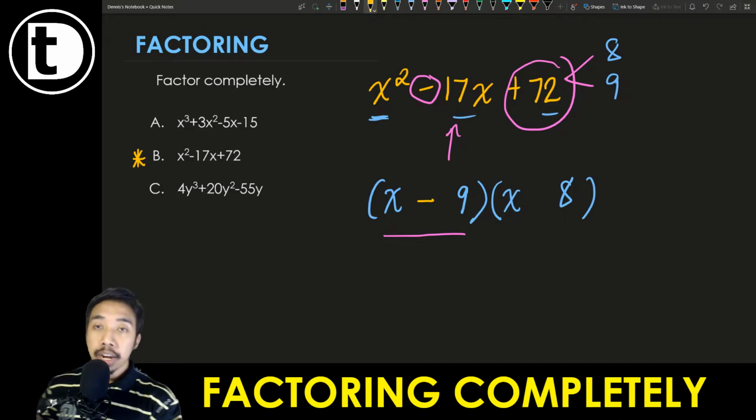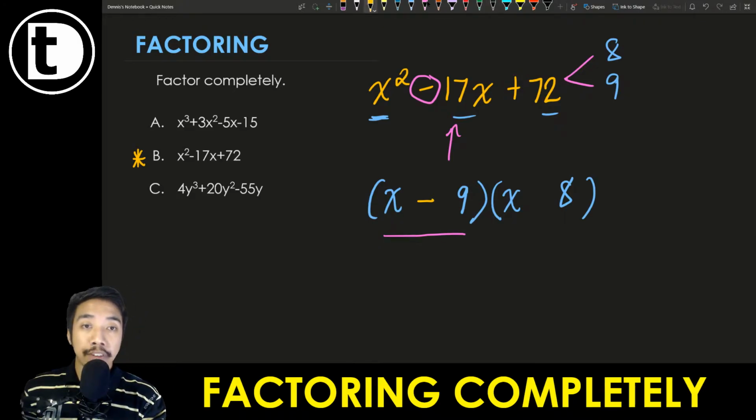And then, here, after checking yung sign nung first, yung second naman, yung aalamin natin, ano nga ba ang sign ng ating second factor? So, ang magdidictate niyan ay yung sign ng inyong third term sa inyong equation.